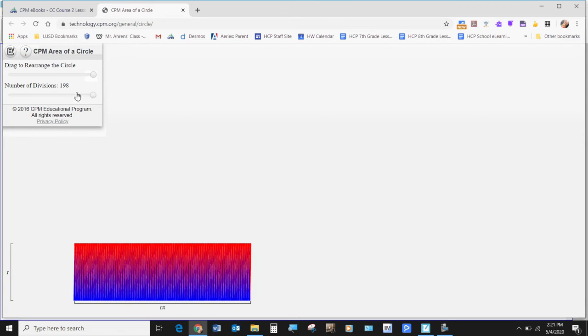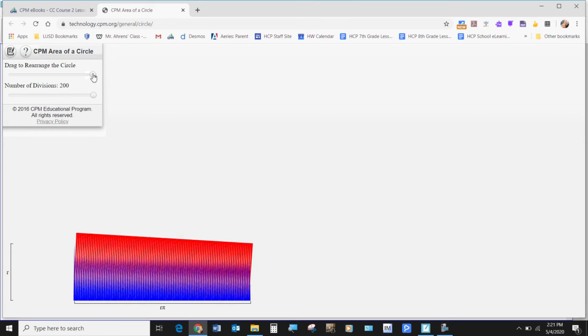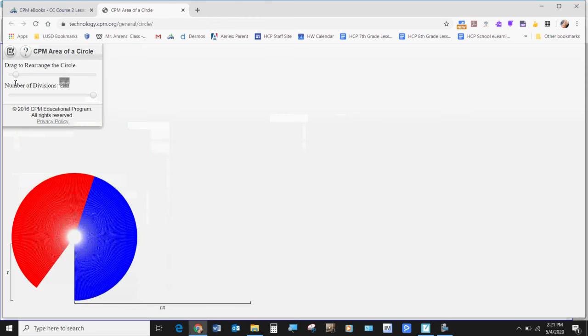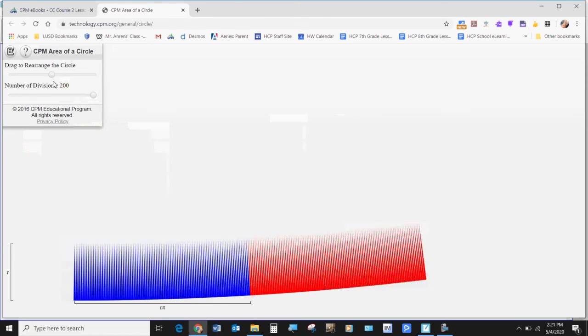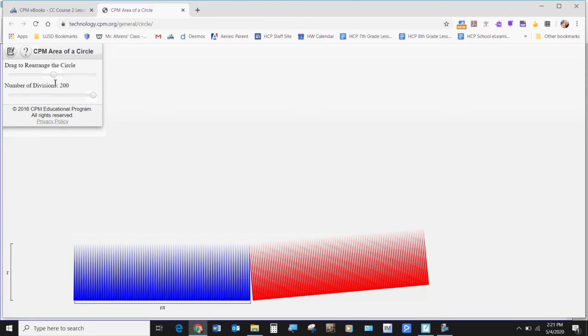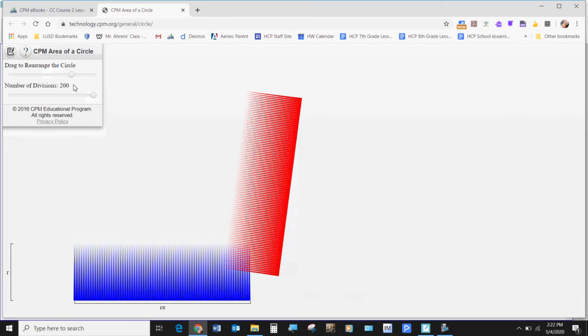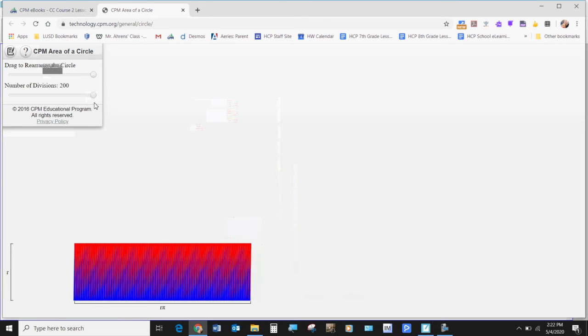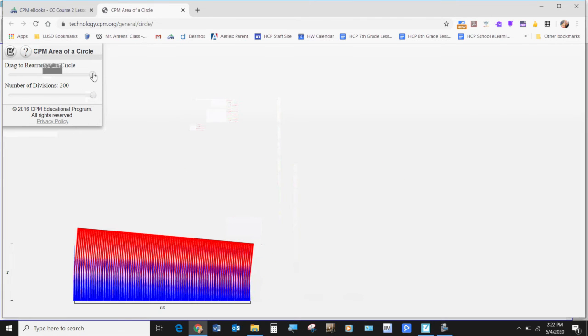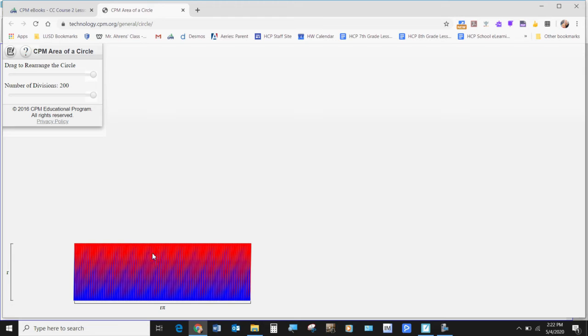Notice how as we get out to 200 divisions of that circle, we've essentially flattened out the circumference and made the radius almost vertical. Not completely, but almost. So the height of this is the radius, and the base is half of the circumference.